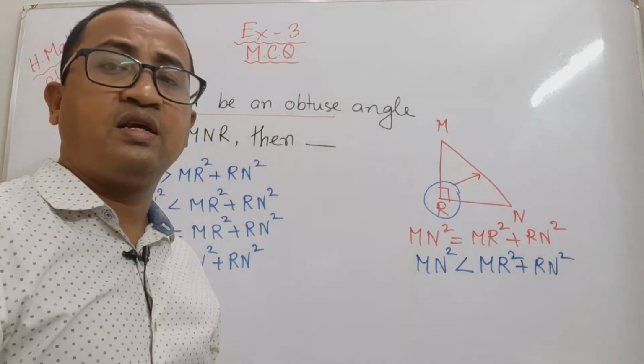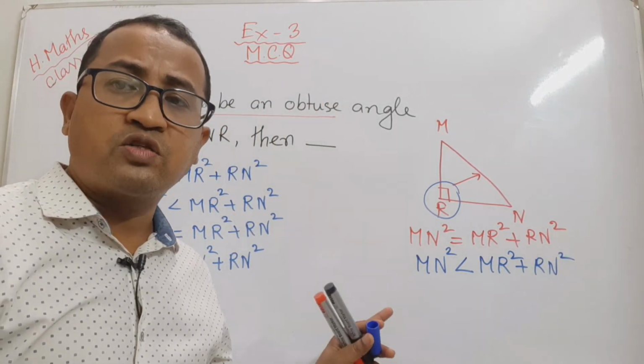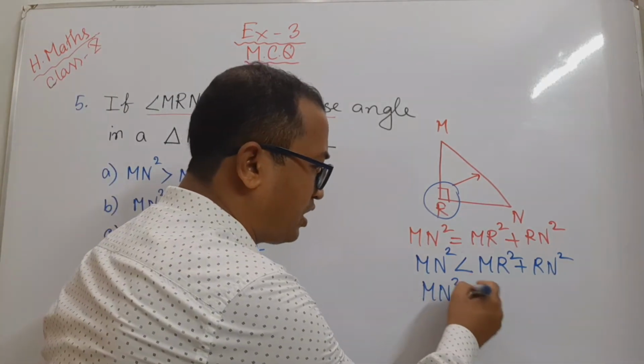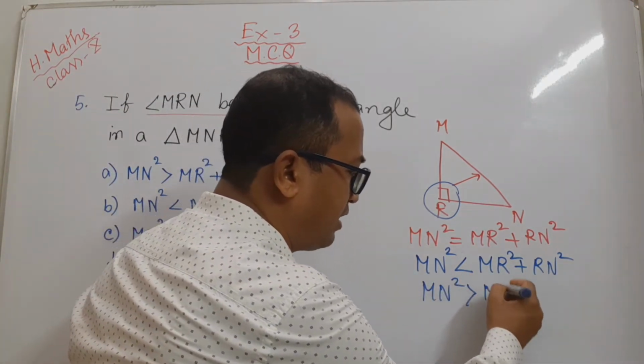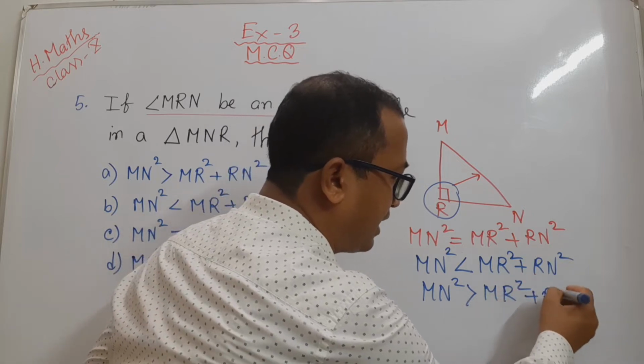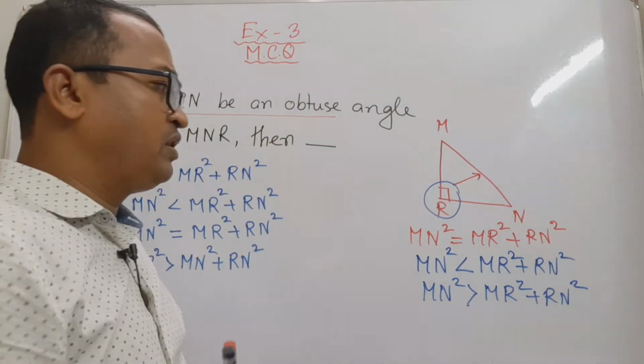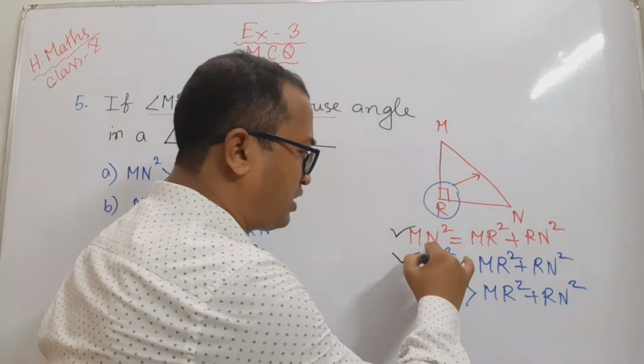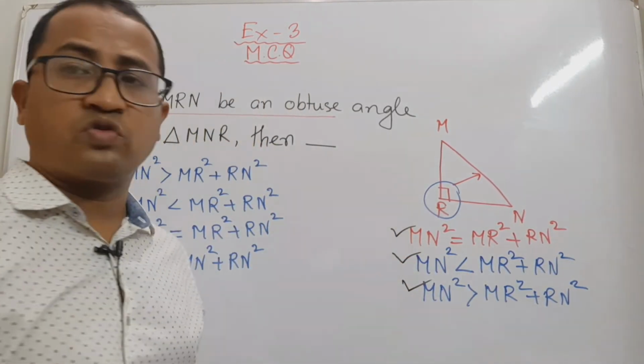And when it is an obtuse angle, MN square must be greater than MR square plus RN square. So this is for right angle, this is for acute angle and this is for obtuse angle.